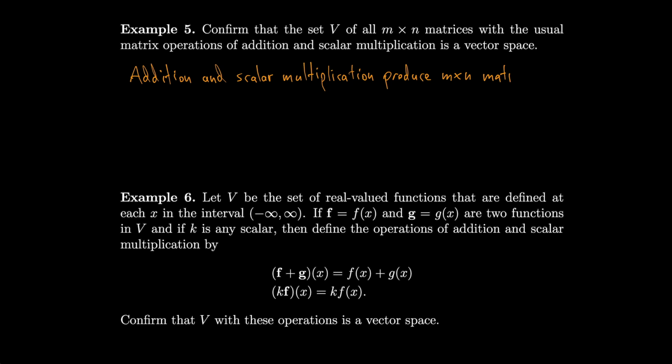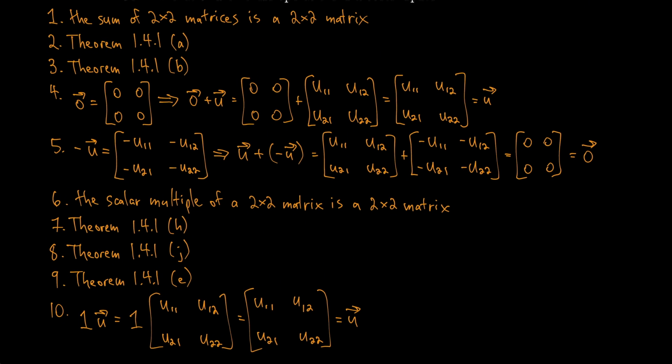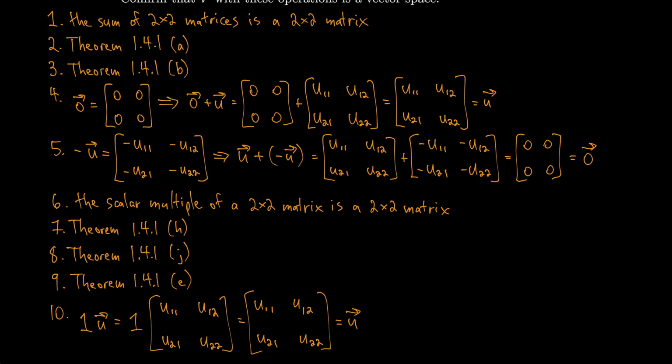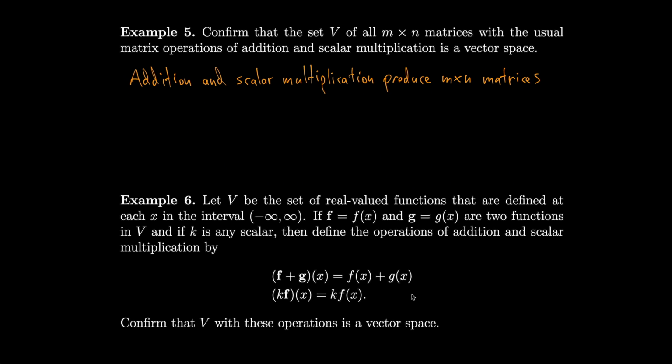So axioms 1 and 6 will follow for the same reasoning as before. Then notice we used theorem 1.4.1 for most of the other ones. For this one, we just have to find 0 as an m by n matrix with all 0 entries, the negative as an m by n matrix with all negative entries, and then 1 times it, again, will follow the same reasoning. So all of the remaining axioms follow from the same as the previous example.